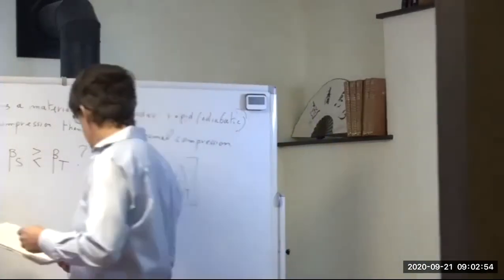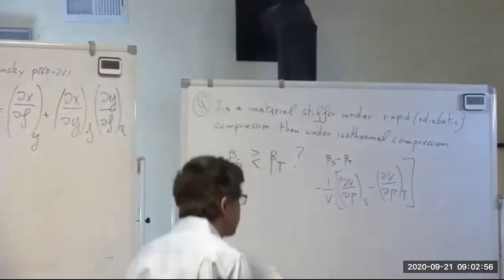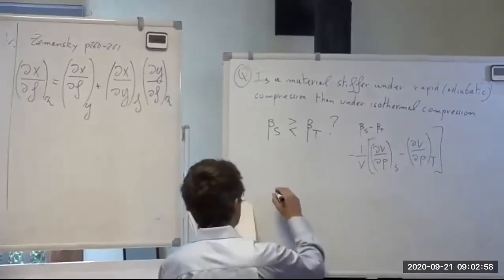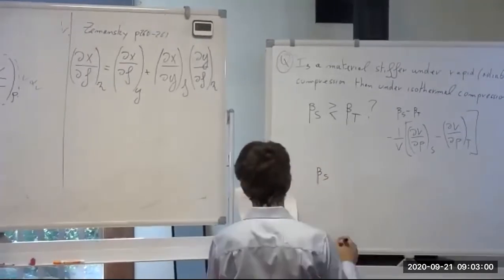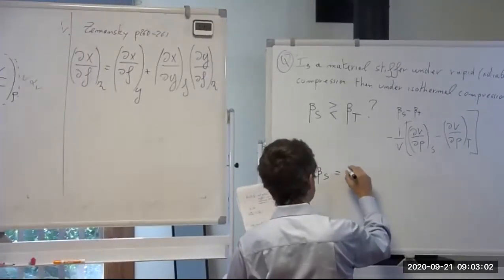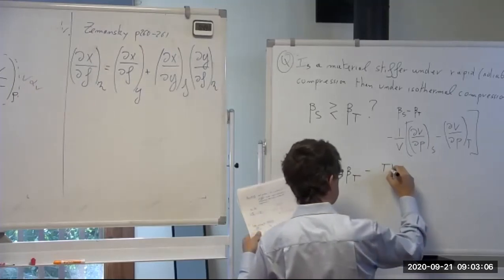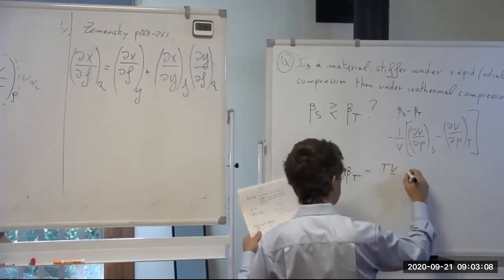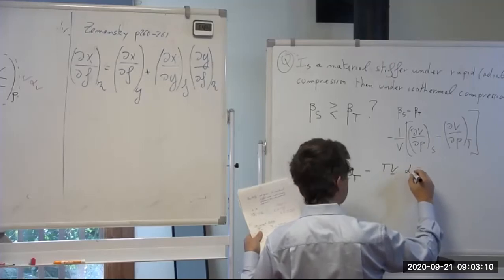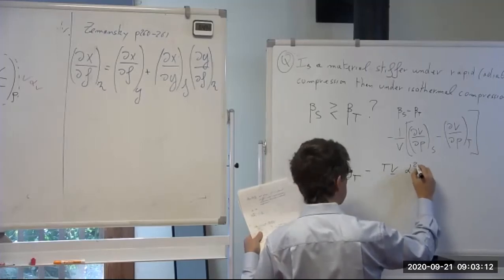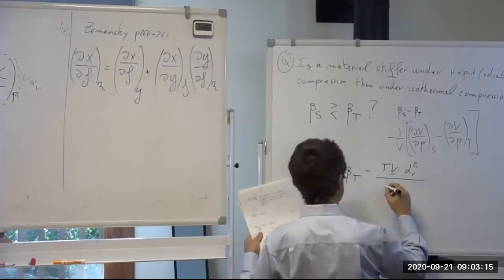What you will find if you do that reduction of derivatives is that beta S equals beta T minus T V, the normalized volume, times the thermal expansion squared, divided by Cp.